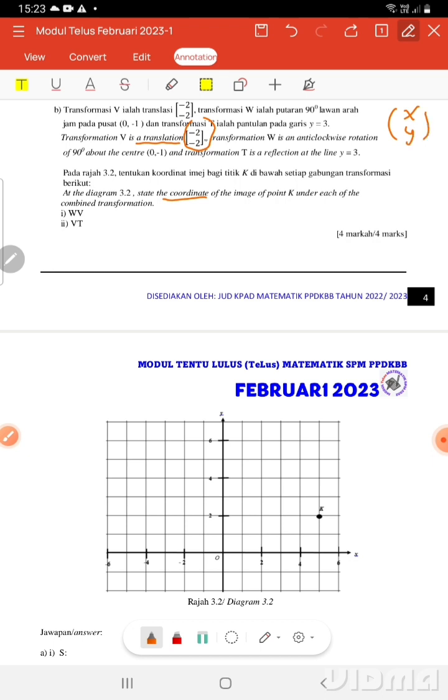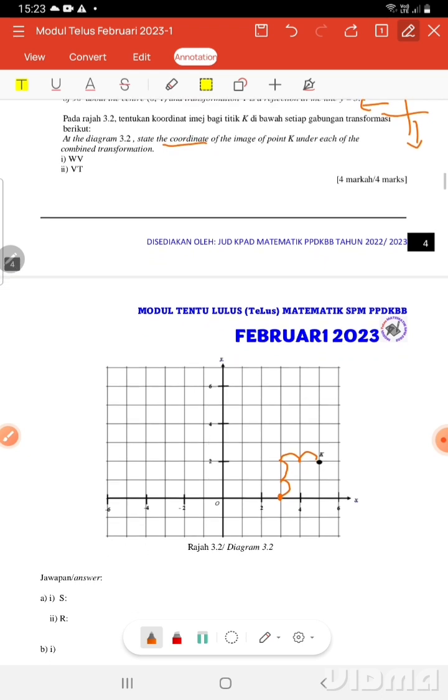So if we have the negative value, we will go to the left side, and we go downward. So from K move 2 unit on the left side, because negative. Then go downward 2 unit again. And here you will get your first coordinate.